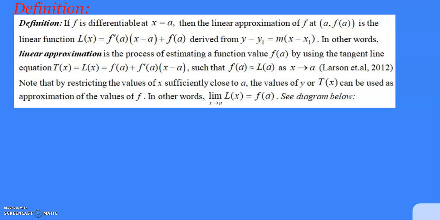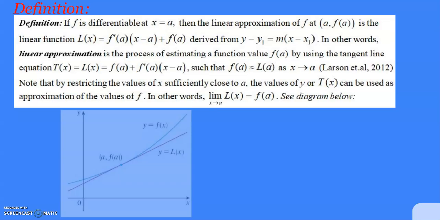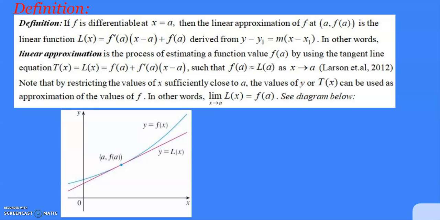This is derived from the point-slope form of the equation of a linear graph. So this diagram here reflects the definition, and we will use this definition now to solve some problems.